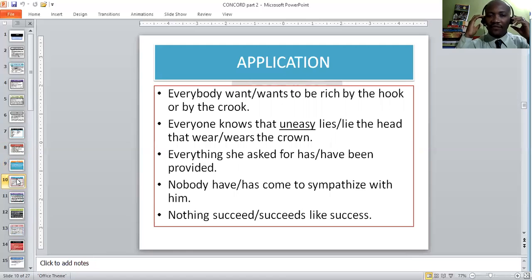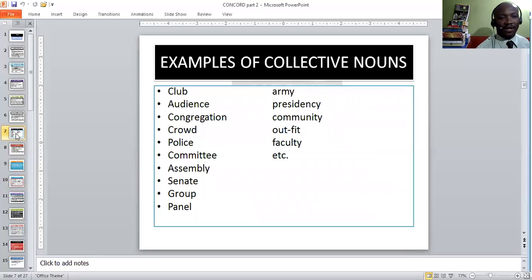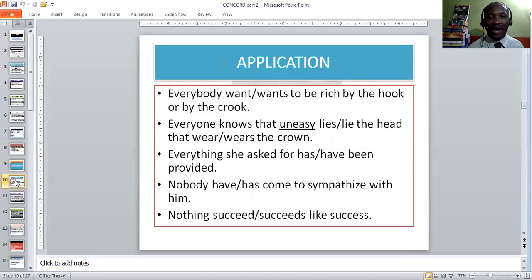It's different from the one we mentioned earlier, the national Concord, people that are involved collectively in a group. Everybody wants to be rich by the hook or by the crook. That's by any means possible, whether good or bad.